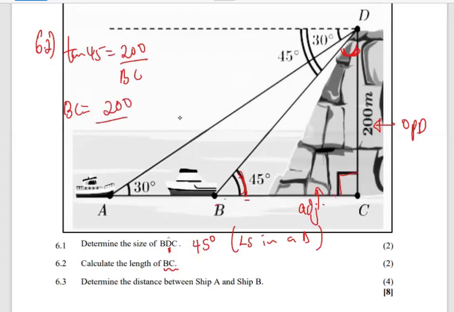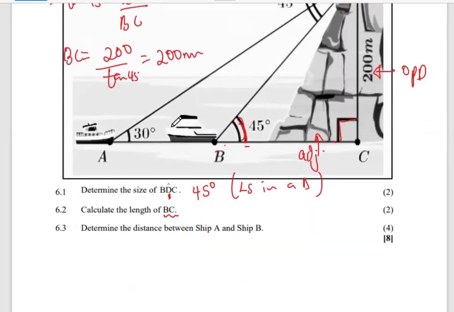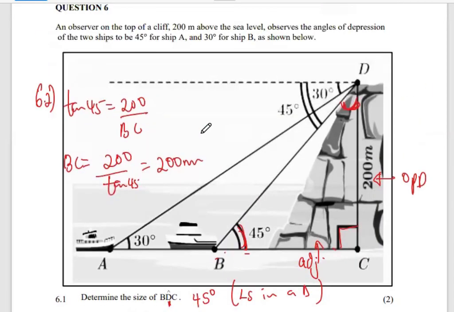So 200 over the tan of 45, but I know that tan of 45 is 1. So therefore, our BC becomes 200 meters. And then someone could also have seen this, that if this is a 45, then this is an isosceles triangle. If this is a 200, automatically this must also be a 200.